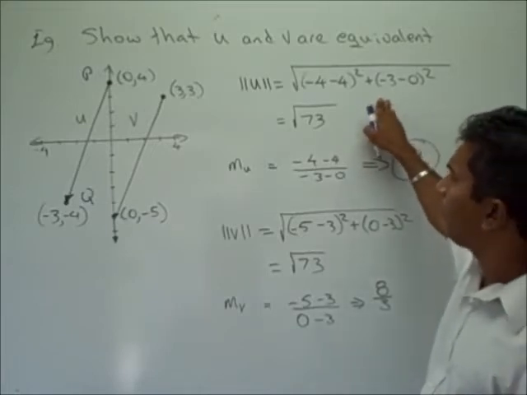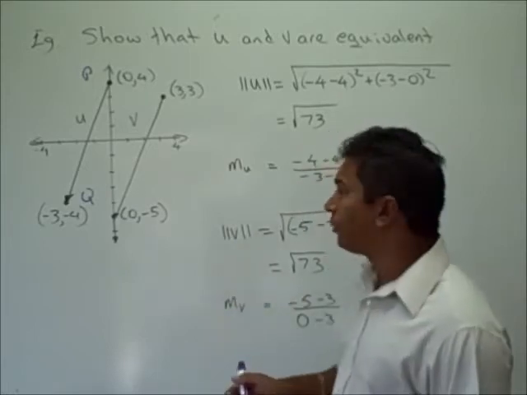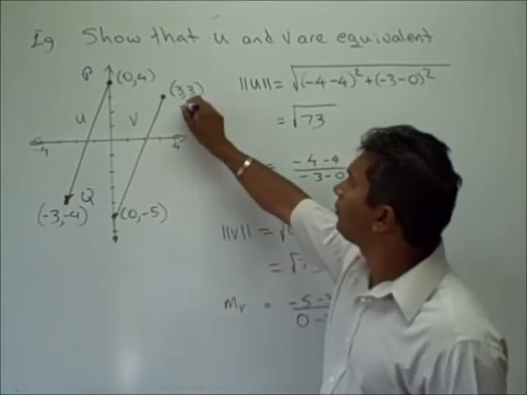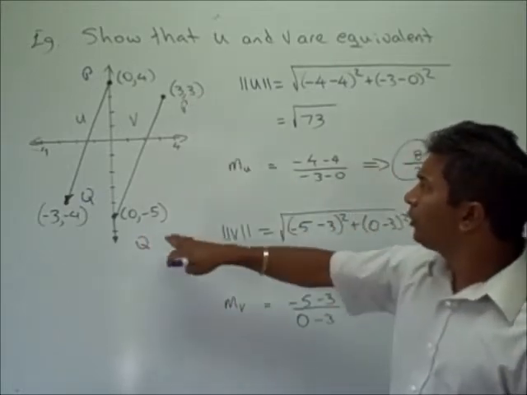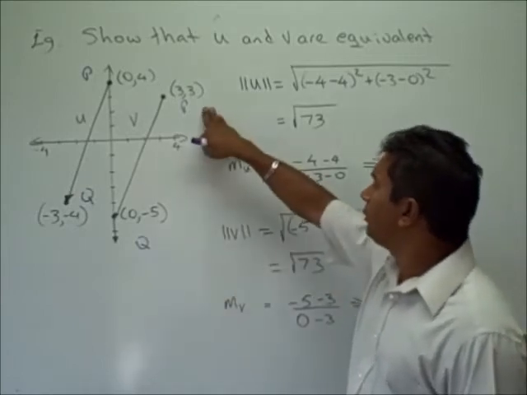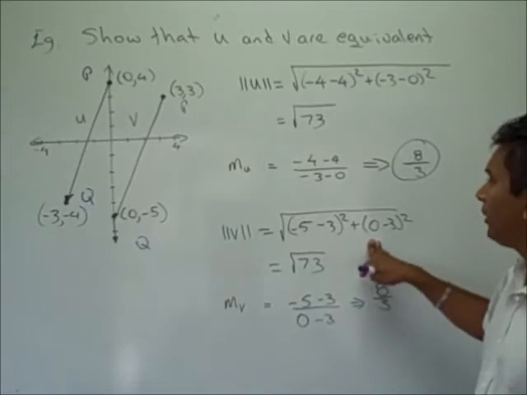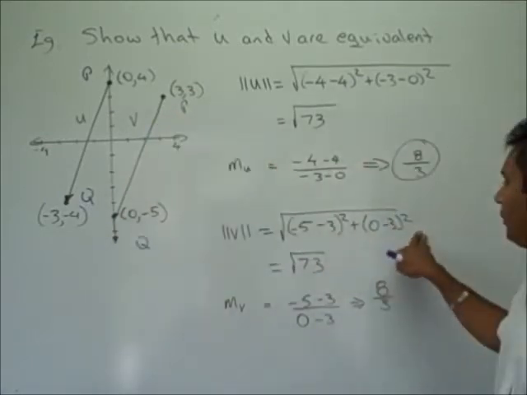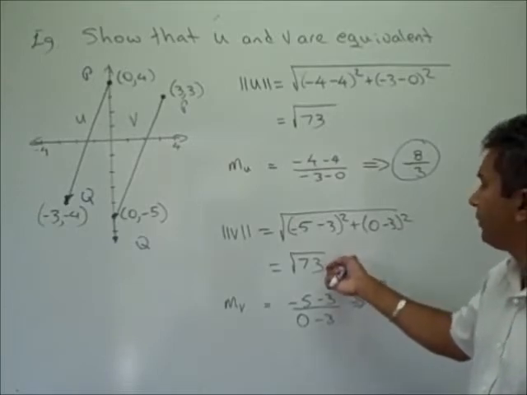We will go ahead and find the magnitude of v and the slope of v. We're going to do the same thing. To find the magnitude of v, here's our point P and our point Q. So it's Q2 minus P2, -5 minus 3 squared, plus Q1 minus P1 squared, and this simplifies to give us the square root of 73.